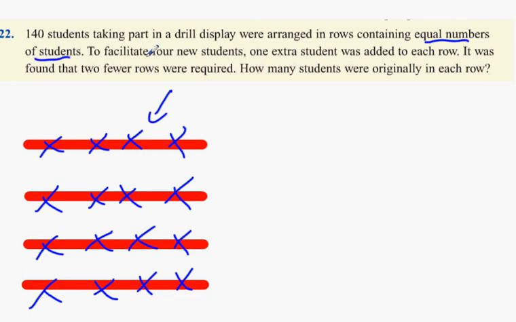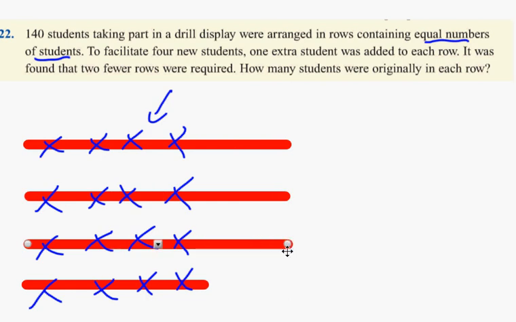That's the concept, okay? So let's put this into action, using a quadratic equation or a fraction equation. So what we're going to do is this. How many rows are we using? It was found that 2 fewer rows. The language is about fewer rows, okay?